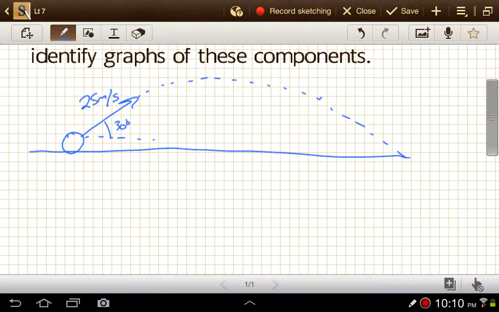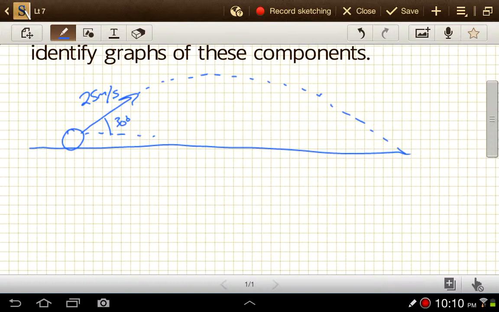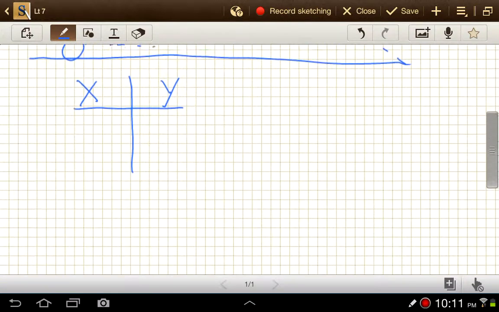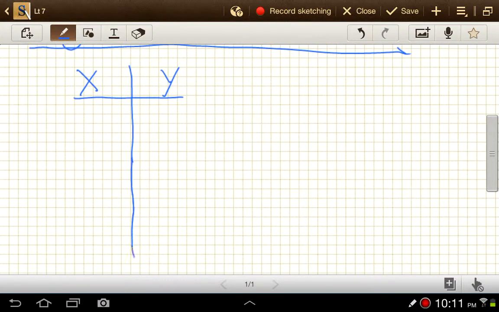So first thing we need to do is break up what we have into x and y pieces. You might find it useful just to make a table of x values and y values, and keep track of things that way. So things that we might be concerned with would be the initial position and the final position, the initial velocity and the final velocity, and the acceleration, and then the amount of time that goes by.